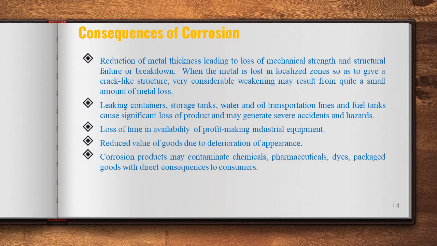Leaking containers, storage tanks, water and oil transportation lines and fuel tanks cause significant loss of product and may generate severe accidents and hazards. Loss of time in availability of profit making industrial equipments, reduced value of goods due to deterioration of appearance, corrosion products may contaminate chemicals, pharmaceuticals, dyes, packaged goods with direct consequences to consumers.